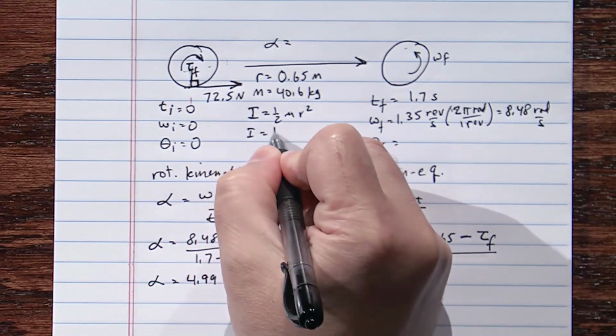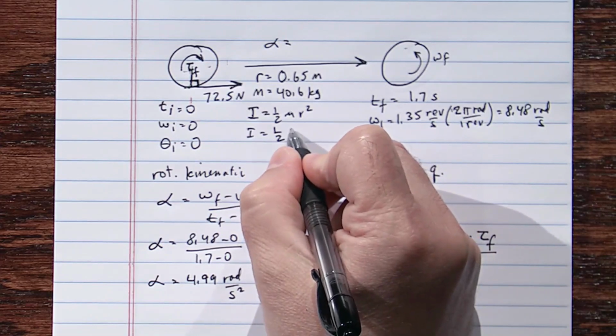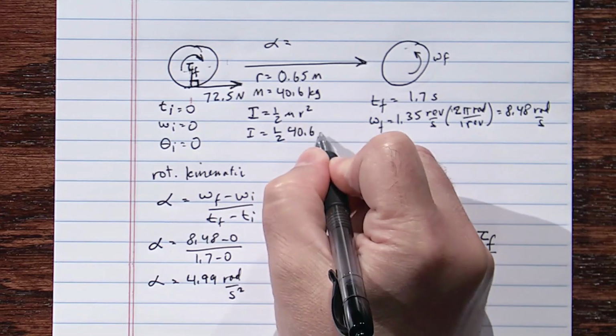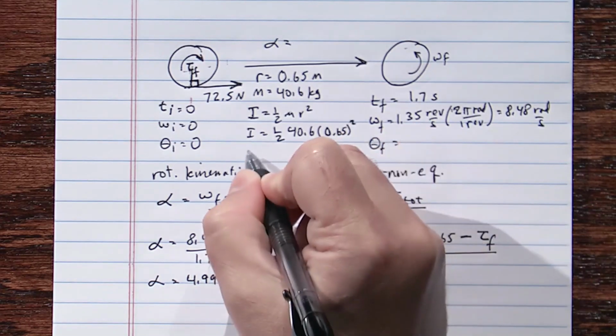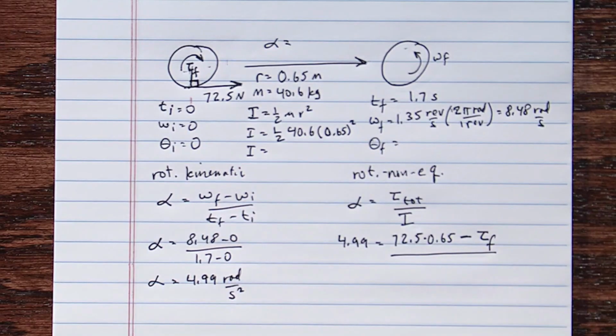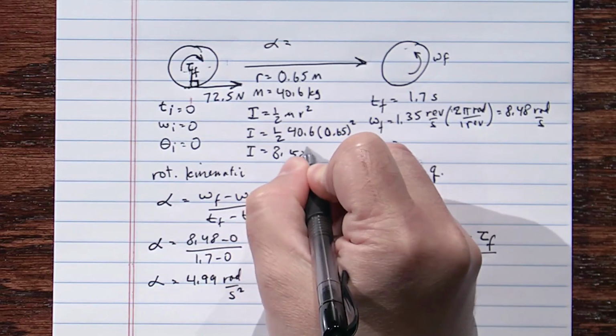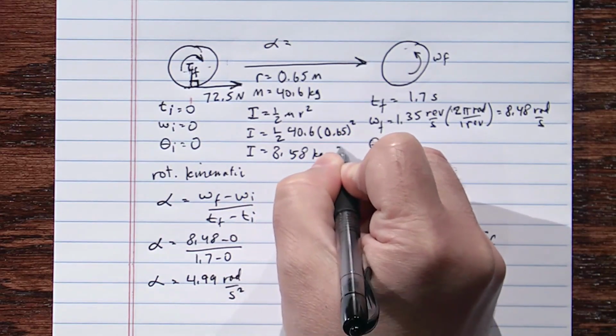Our rotational inertia is 1/2 the mass of 40.6 times the radius of 0.65 squared, which gives us a rotational inertia of 1/2 times 40.6 times 0.65 squared of 8.58 kilograms meters squared.